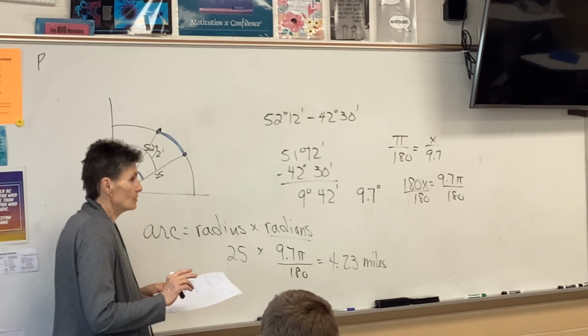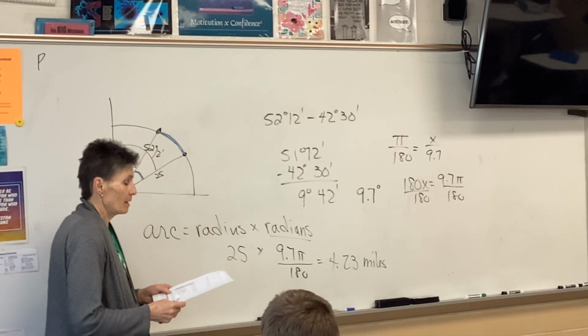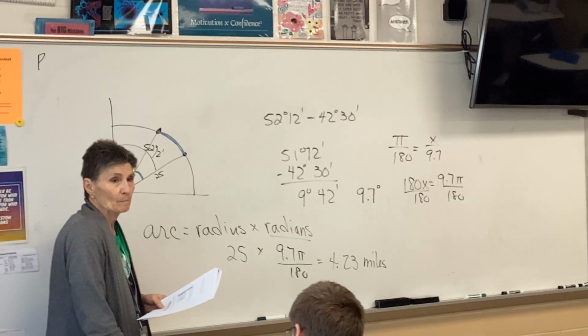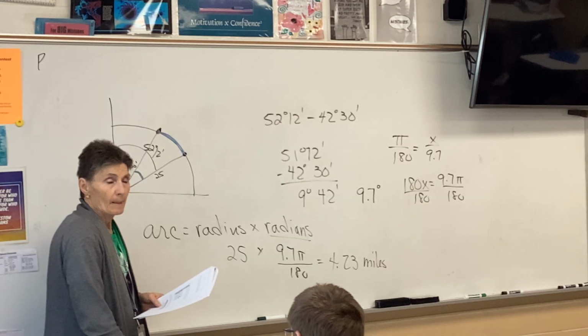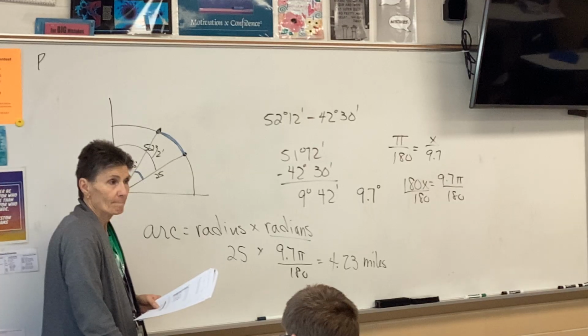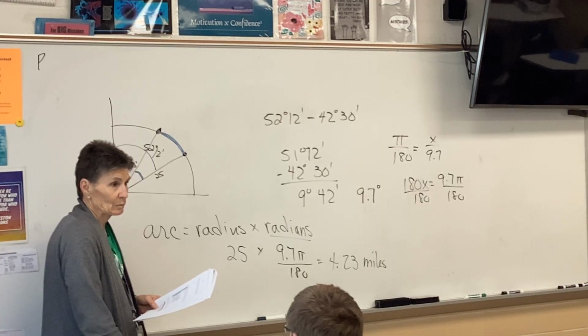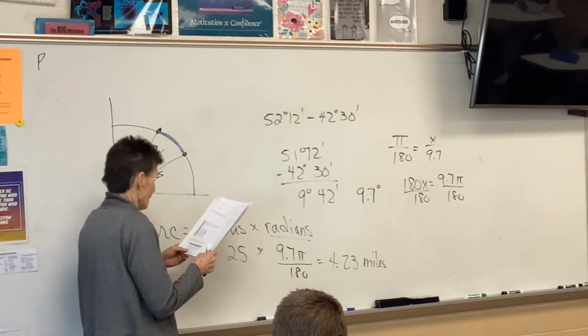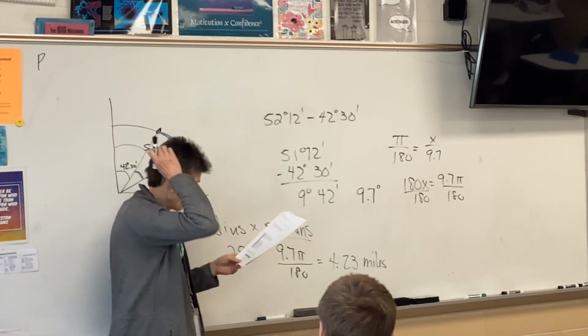It's a circle, and they're all 25. And then what do we do? That's the radius. The part that's blue, the radius.